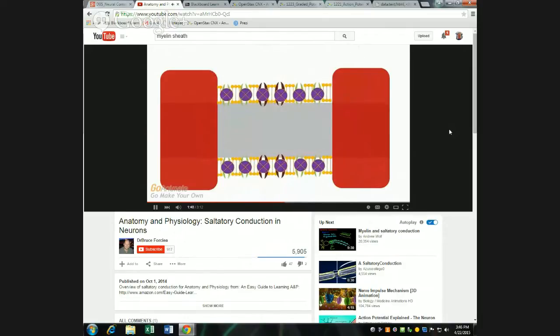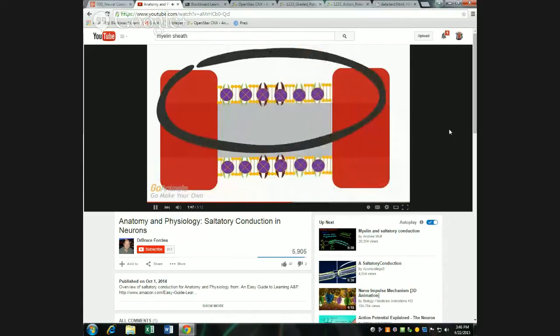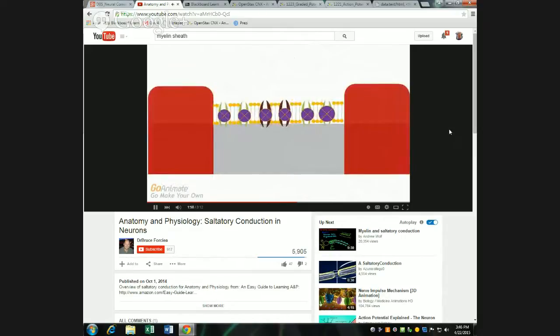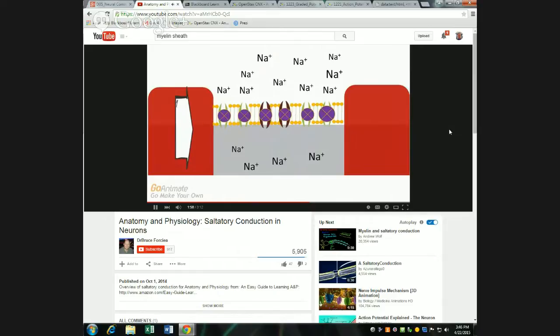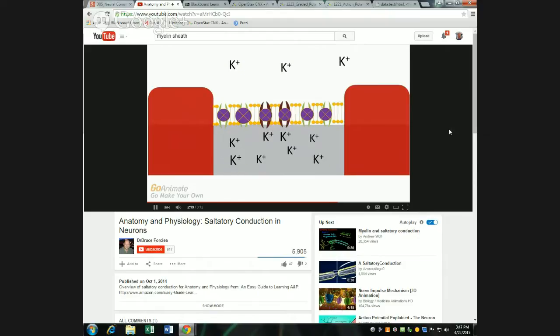Here's how it works. We will begin with all of the channels closed. Let's zoom in to take a closer look. There is a large sodium gradient with more sodium outside of the cell than in. When an action potential propagates down the axon, it reaches a node. The sodium gates open in response to the action potential. Sodium rushes into the axon by moving down its gradient. This causes the area to depolarize. The sodium gates then close. There is also a potassium gradient with more potassium inside of the cell than out.